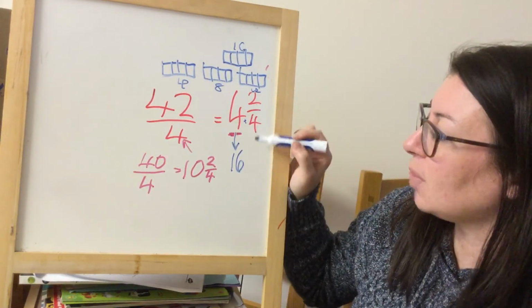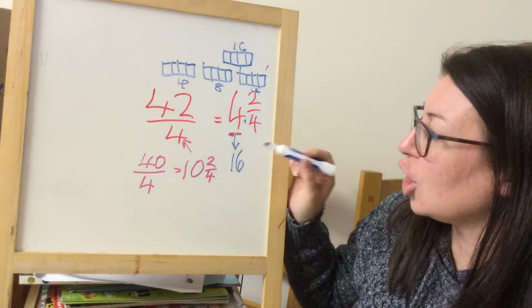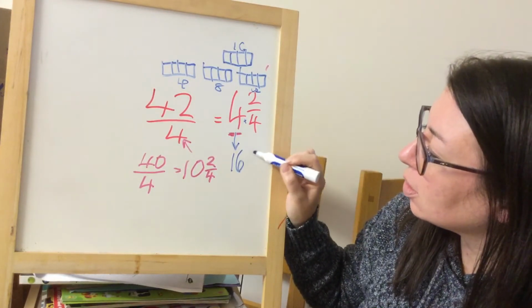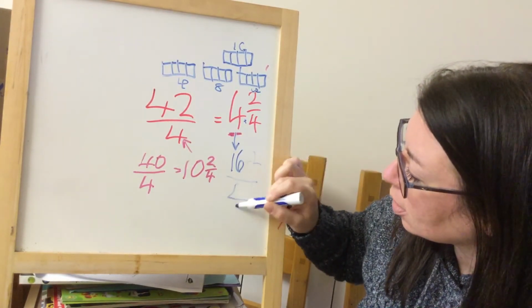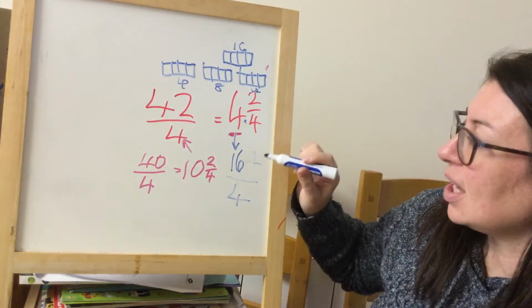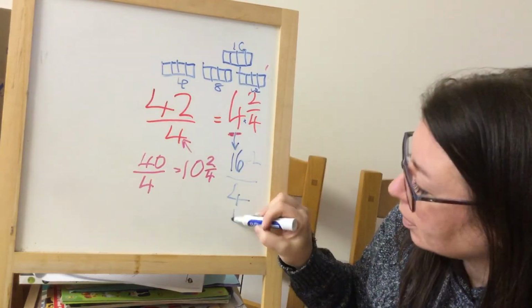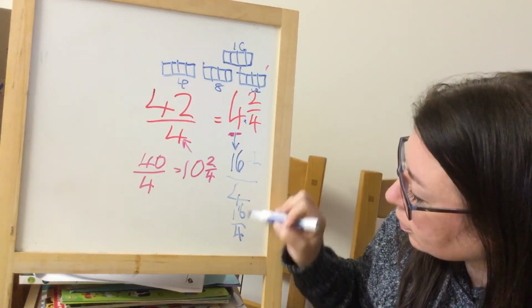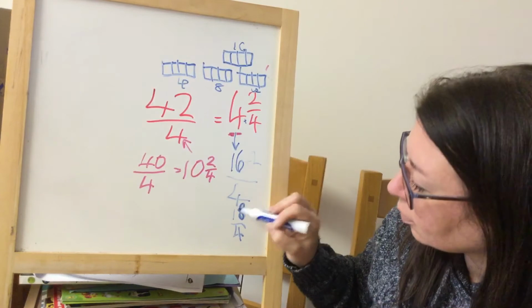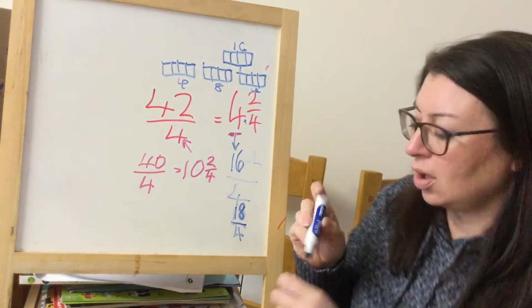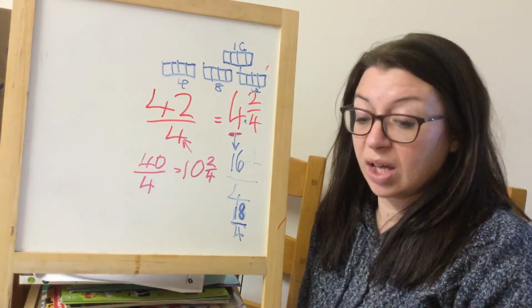So 16 parts plus 2. So this one is actually the same as saying, as being 18 over 4, okay? Hope you can see that at the bottom. So you could have proved it either way.